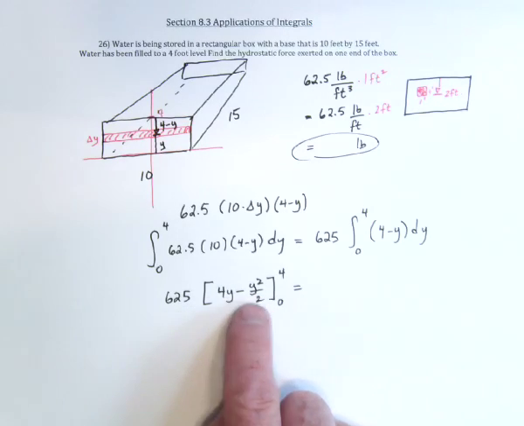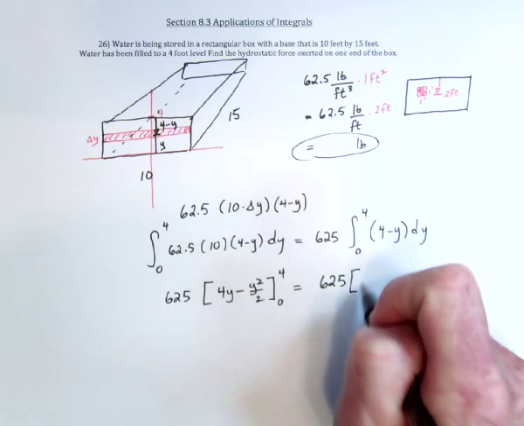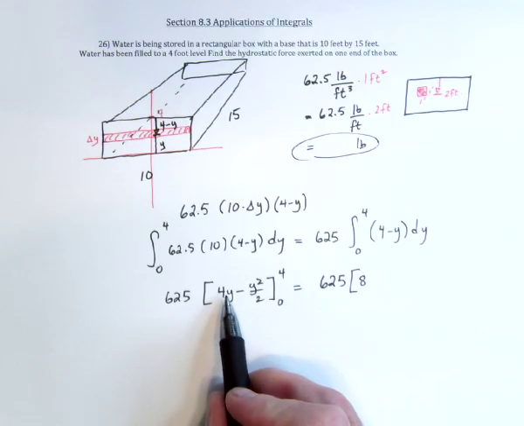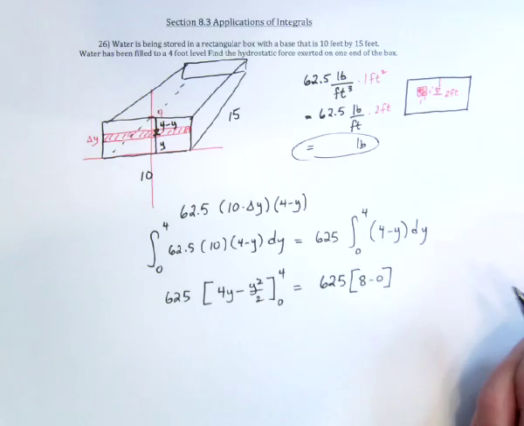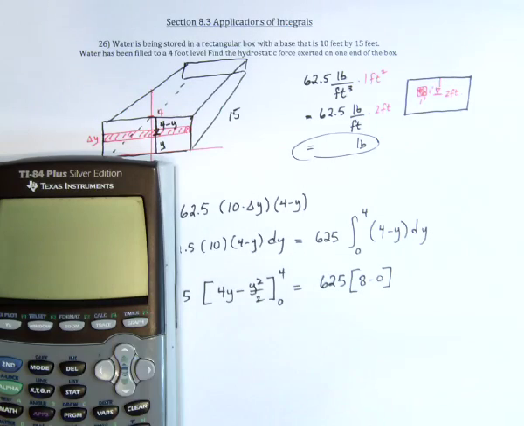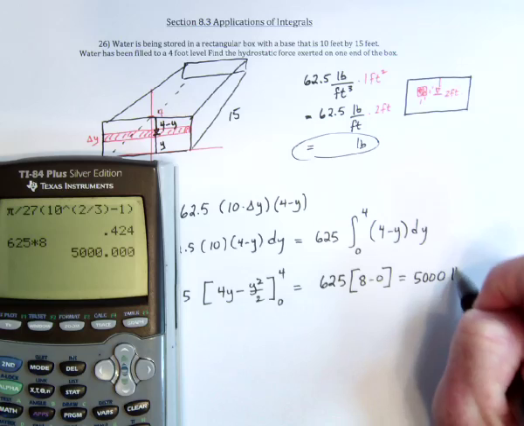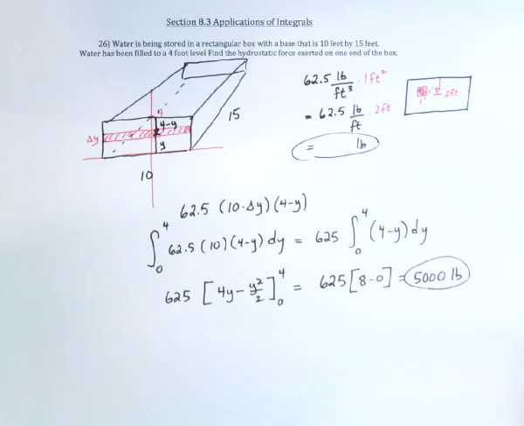So 16 minus 8. And when you substitute 0 in there, it contributes a 0 and a 0. So 625 times 8, so that would be 5,000 pounds total force on that side.